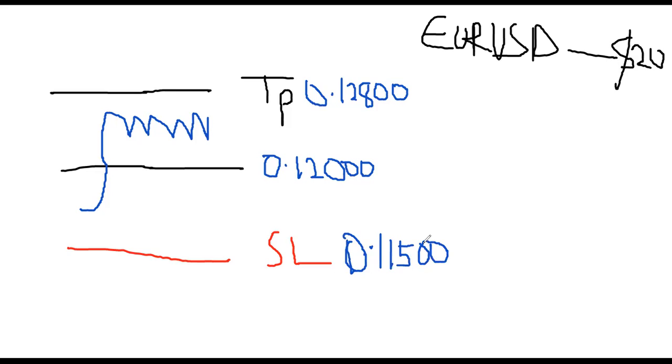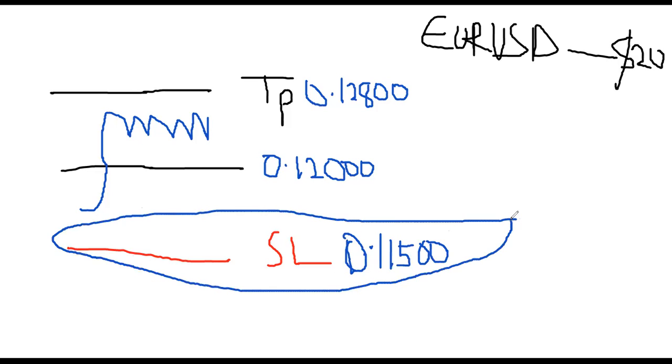What trade stopping means is, say, move your stop loss value above your entry point, such that you put it in between the entry point and the take profit. So once you move this, this is your stop loss.